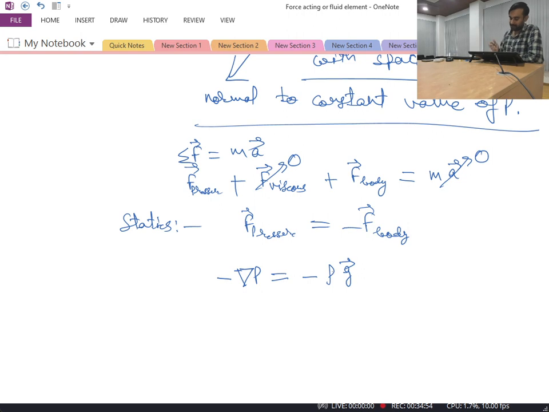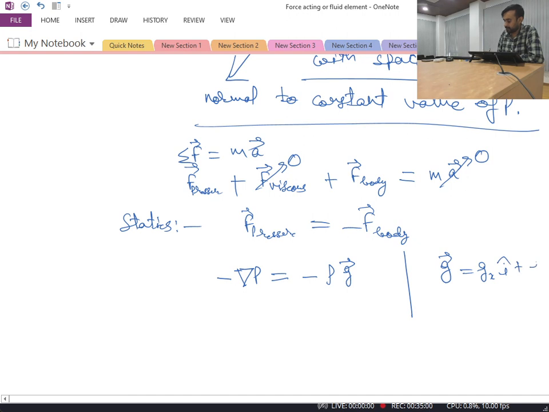Typically we see that the gravitational field can be written as gx i cap plus gy j cap plus gz k cap. As gravity always acts in the vertical and downward direction, I can write g vector simply as minus gz into k cap, and the other two values will be 0.